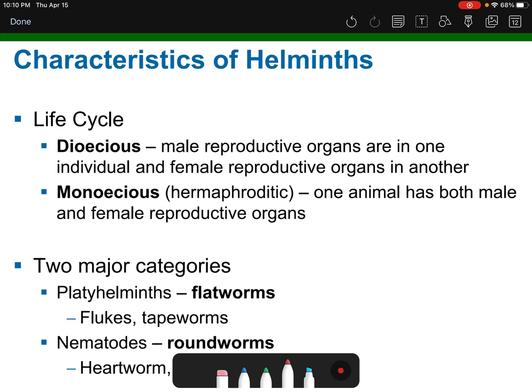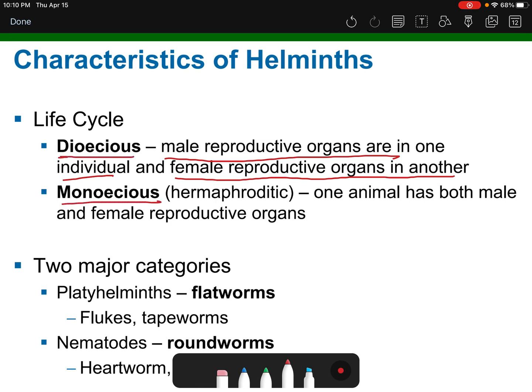Now, the life cycle of a helminth can be dioecious, meaning that the male reproductive organs are in one individual, female reproductives are in another. So you have two different organisms, kind of male and female worms. So di means two.